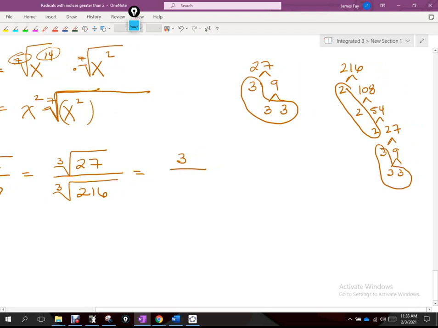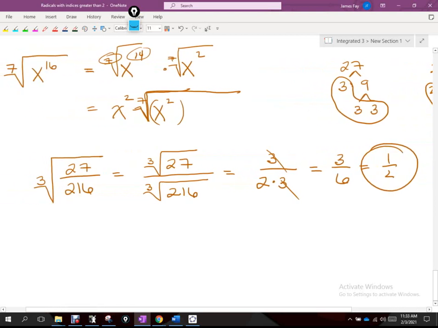Just want to make sure that that's correct. 2 times 2 times 2 times 3 times 3 times 3. Yep. Okay. So this group of 2s can come out, and this group of 3s can come out. There's nothing left to go underneath the radical, right? So it leaves me 3 over 6, or if I just wanted to simplify, 1/2.